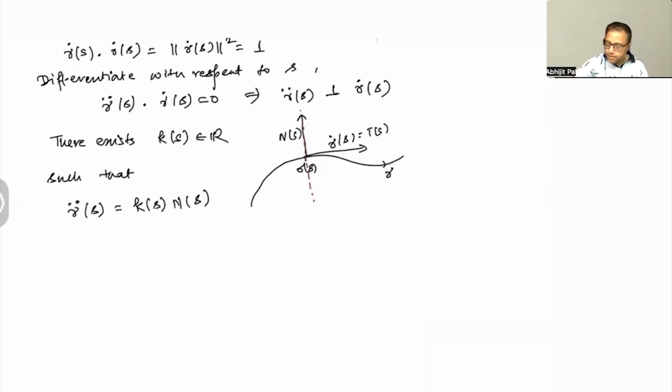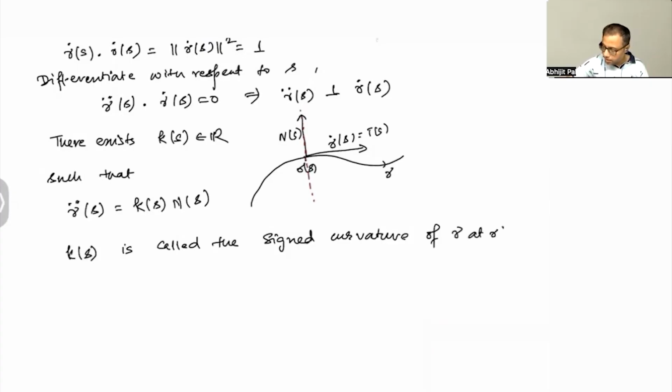So this k(s) is called the signed curvature of gamma at gamma(s). Okay.